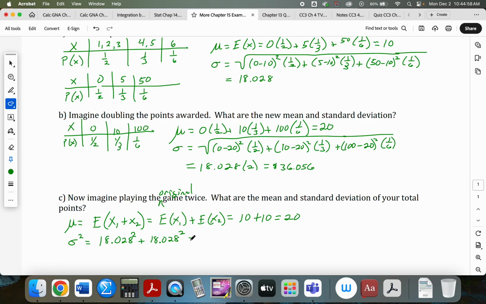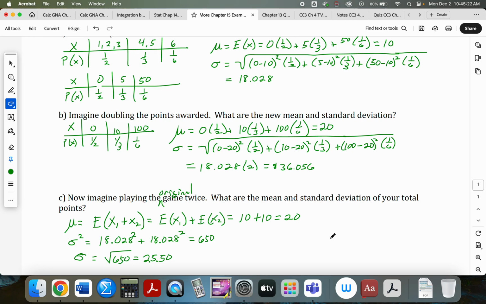So it turns out that the variance is 650. So the standard deviation is the square root of 650, which is 25.50. It's not exactly 0.5, that's why I have the 50.